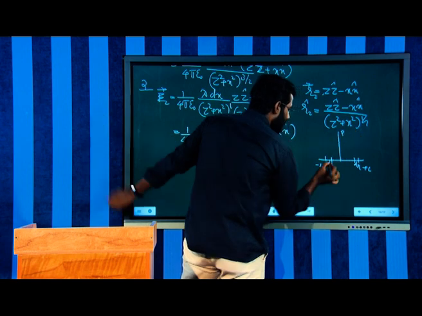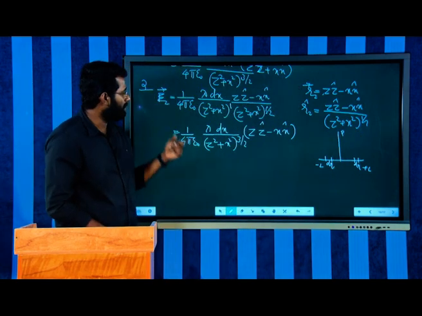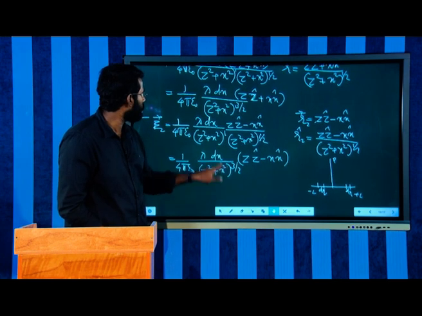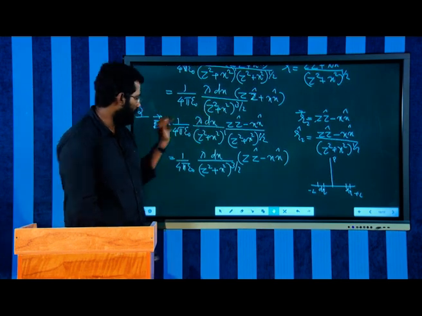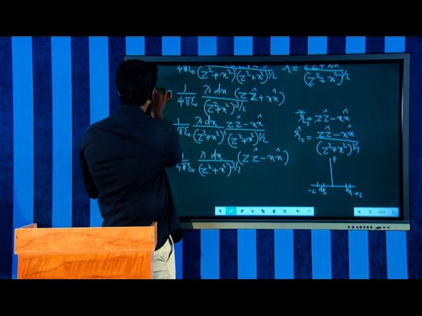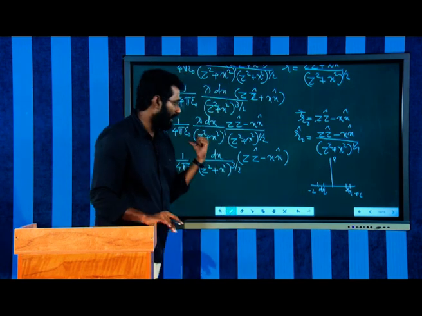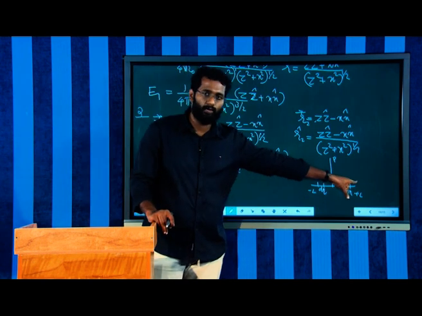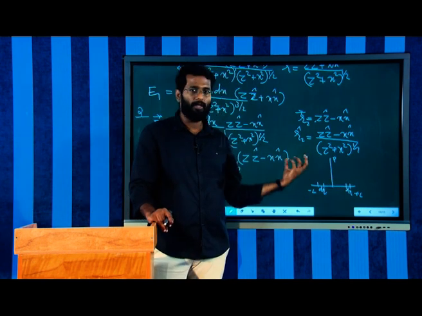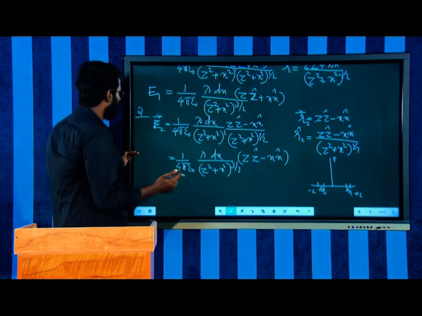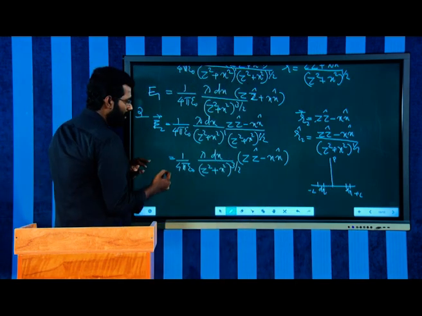Now, this is B. E1, the expression for E1 is this. So, E1 is the electric field due to this dq, and E2 we calculated is the electric field due to this dq. Now, we got only two very tiny parts, and we can sum them up. So, we will sum it up, that is E1 plus E2.